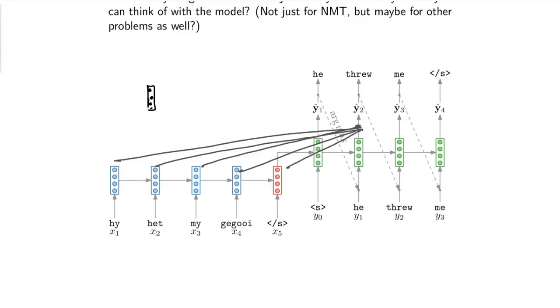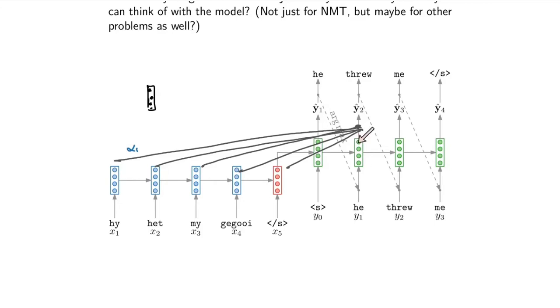Okay, let me expand even a little bit more. What we will do is take this vector, the hidden thing in the decoder, and based on this vector and each of the hidden representations, I'm going to calculate a weight alpha 1 for the first time step.